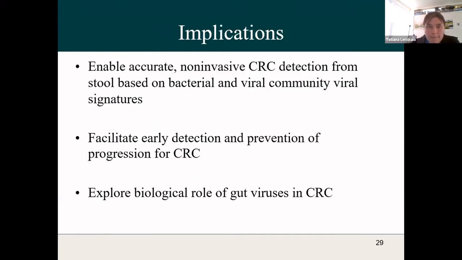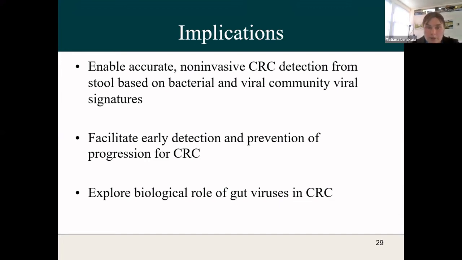And the question is, can we come up with an accurate and non-invasive method for detection of this colorectal cancer based on stool samples, taking into account bacterial and viral community? Maybe it can help to facilitate early detection and prevention of colorectal cancer.